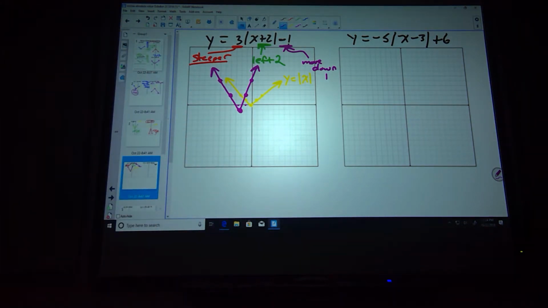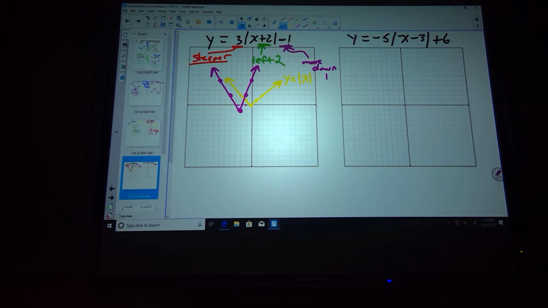Okay, so using your verbiage from the yellow to the purple, give me one fact that you feel pretty confident saying. One fact. Go ahead. The purple is steeper. The purple is steeper by a factor of how much?